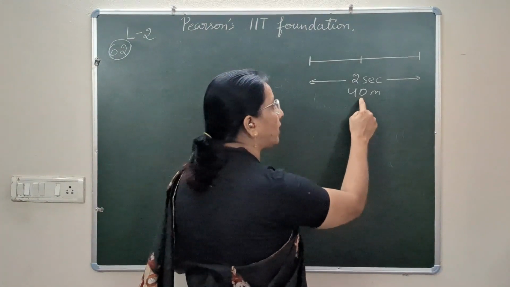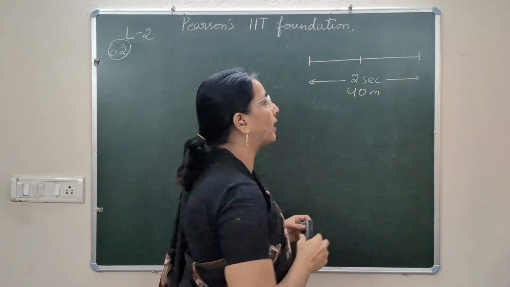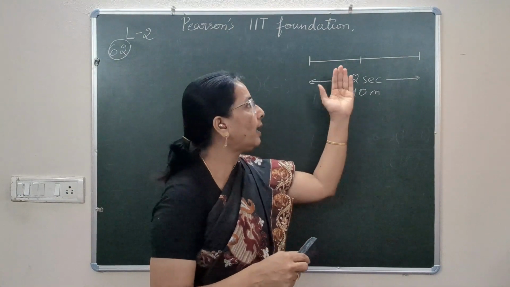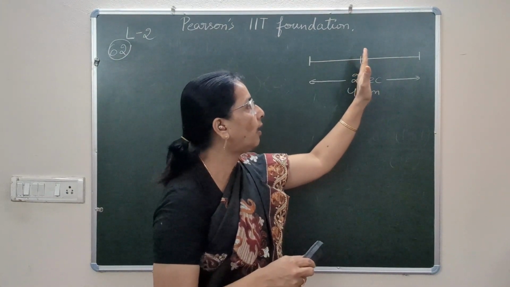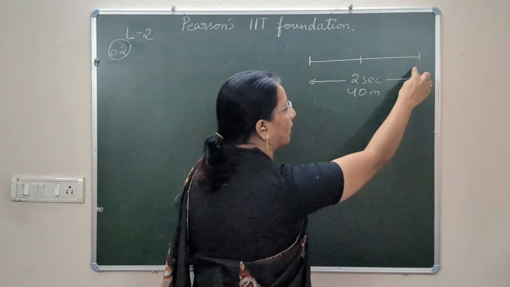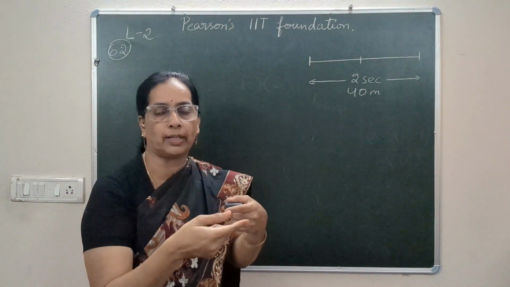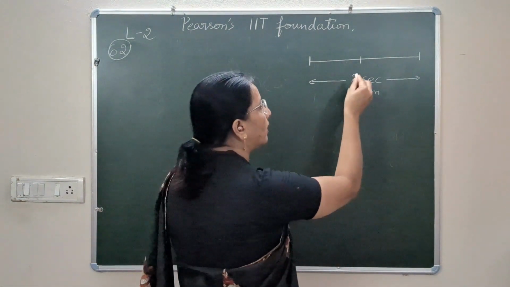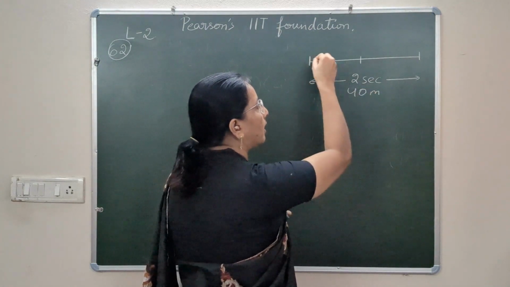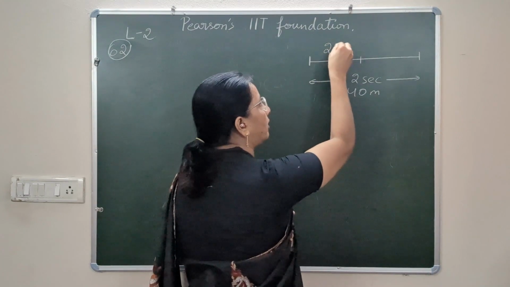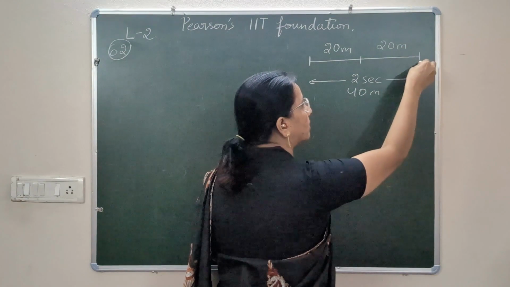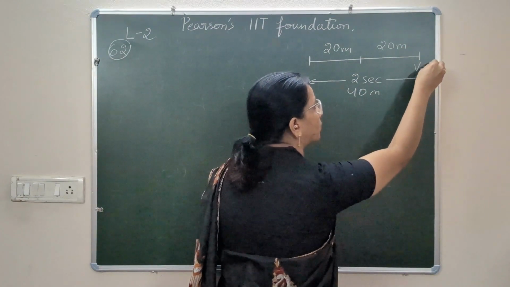So as per 40 meters in the last 2 seconds, we are supposed to find the velocity of the body in the last 1 second of its motion. That means this is the retardation part. The body is in uniform retardation. If in 2 seconds the body travels 40 meters, in the first second it should travel 20 meters, and in the next second it should travel 20 meters before finally the body comes to rest.